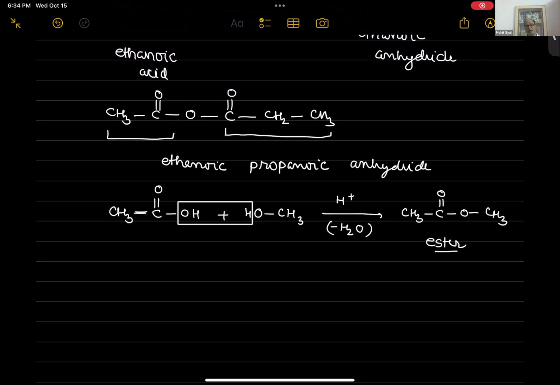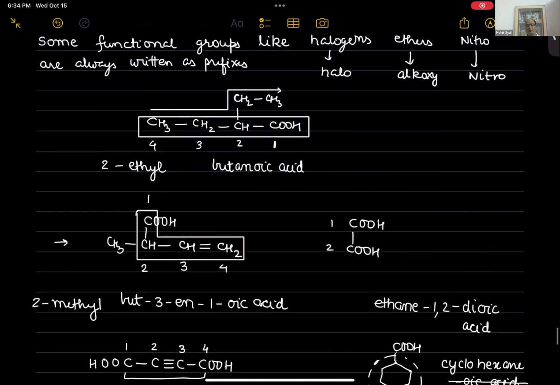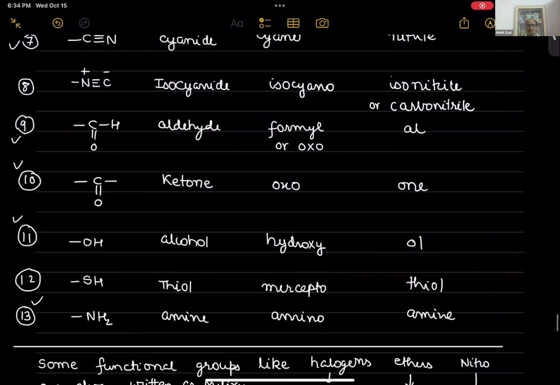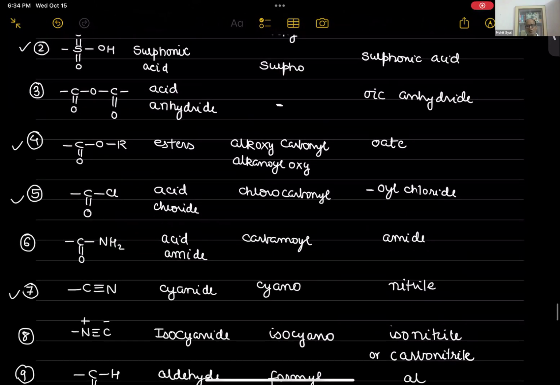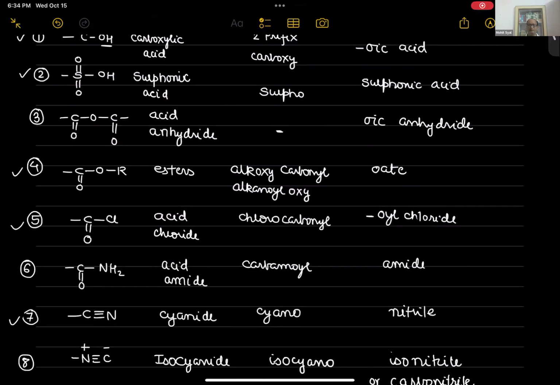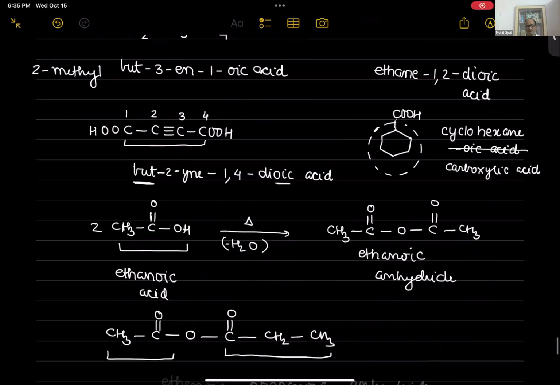What was the suffix for ester? So let's try to get back to the table. What was the suffix for ester? Suffix. Oate, right? Means word root, primary suffix, and secondary suffix. Okay, that's the main part of the name.